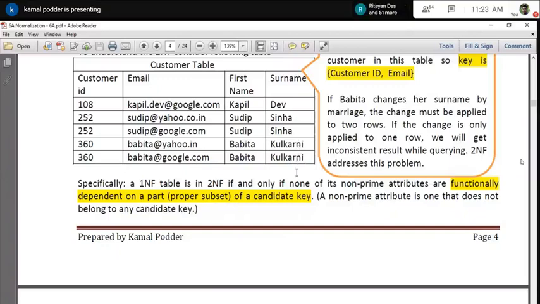But when she informed this information, she referred to her ID. So using this ID and this customer ID, you will only hit that record and change it. But this will be untouched. What does it mean? Subsequently, at a later stage, if you really want to know Babita's full name, you will get two different things in two places. Again, it is basically creating inconsistency.